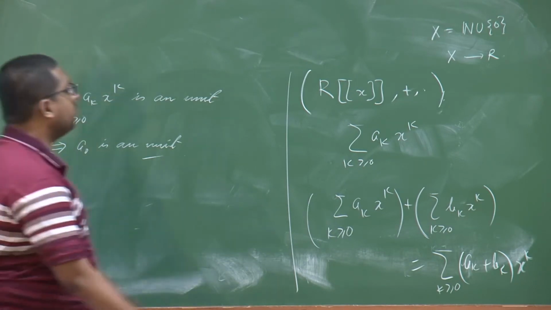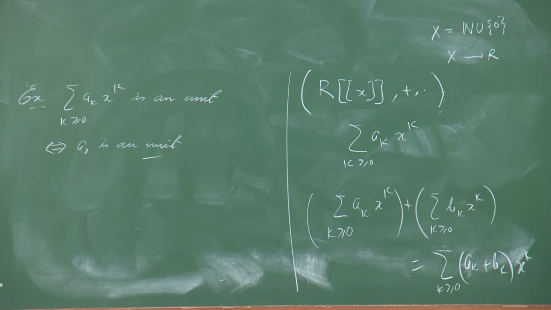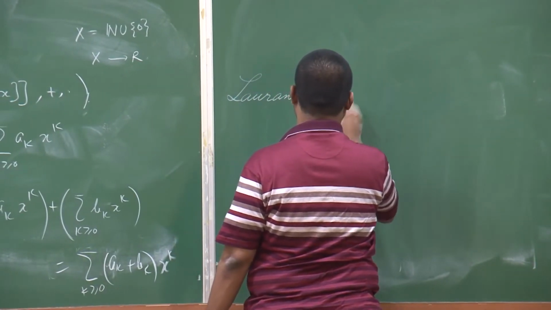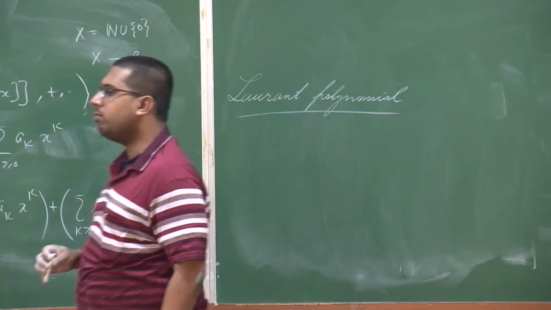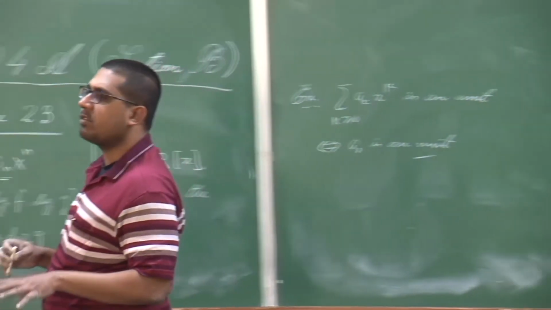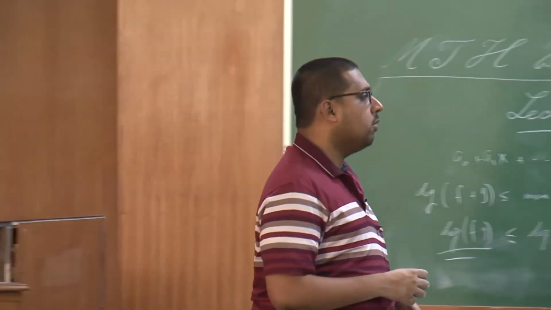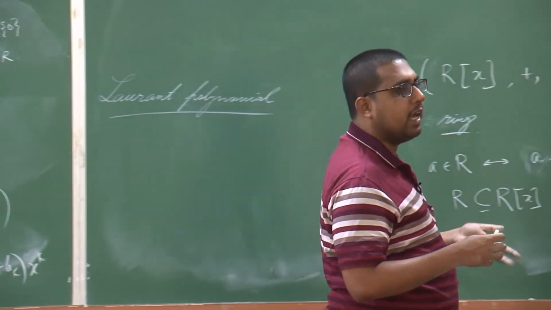So now you should move from power series to Laurent series. Let me first define what I mean by a Laurent polynomial. A Laurent polynomial is a polynomial, except there could be finitely many monomials with negative powers of x.